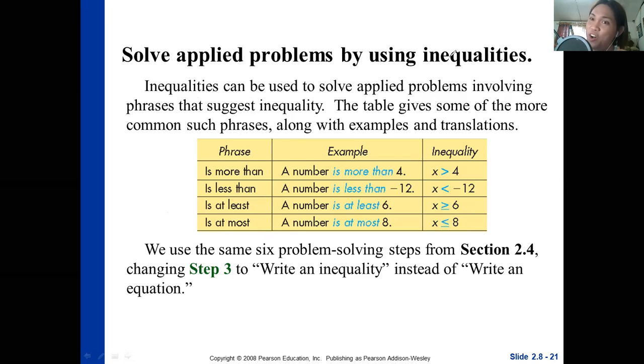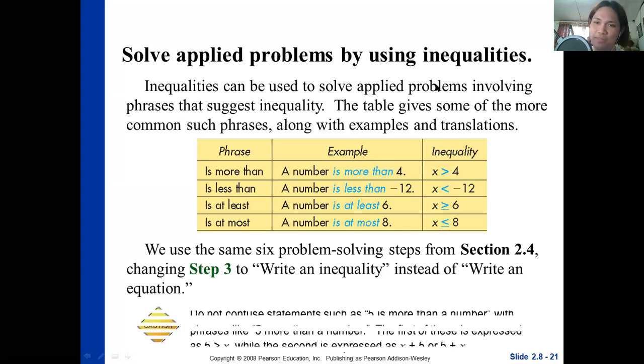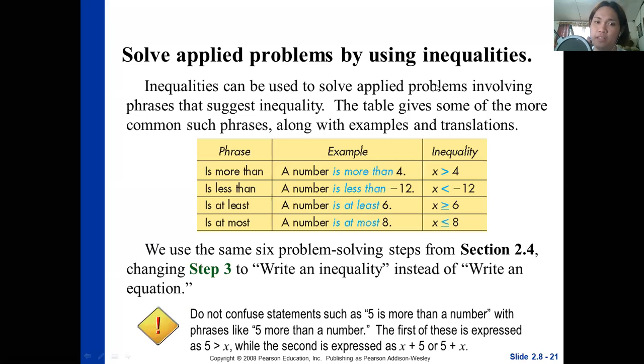Again, do not confuse a statement such as "5 is more than a number" with phrases like "5 more than a number." The first of these is expressed as 5 greater than x, while the second is expressed as x plus 5 or 5 plus x. So please do not be confused about this one.